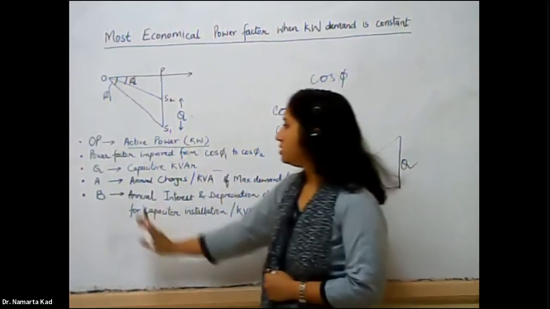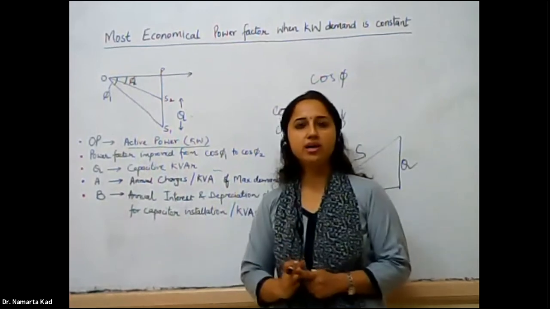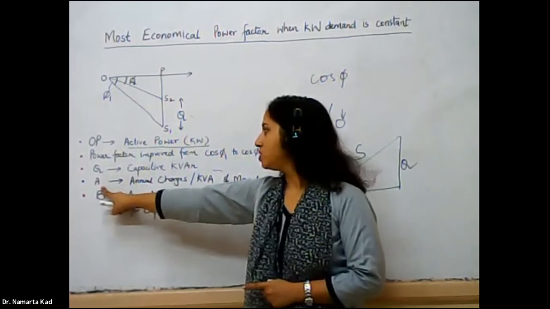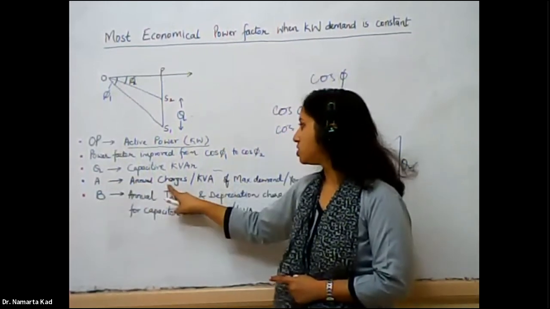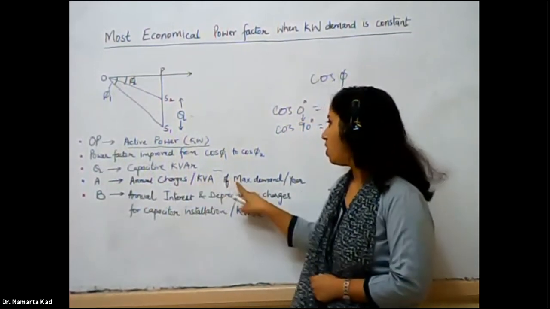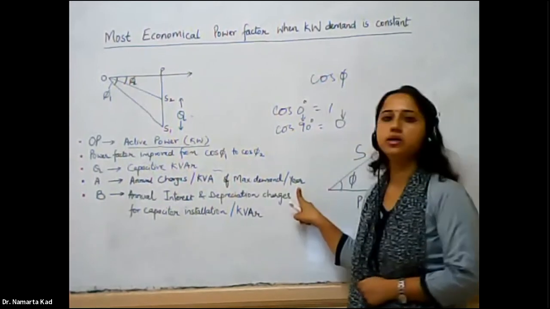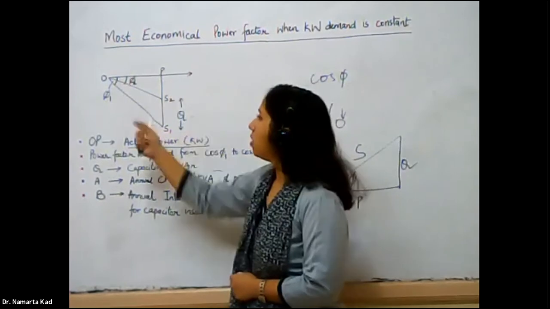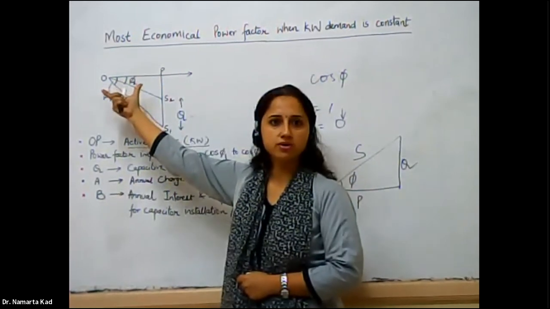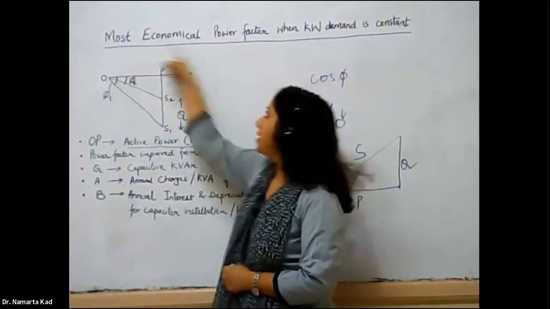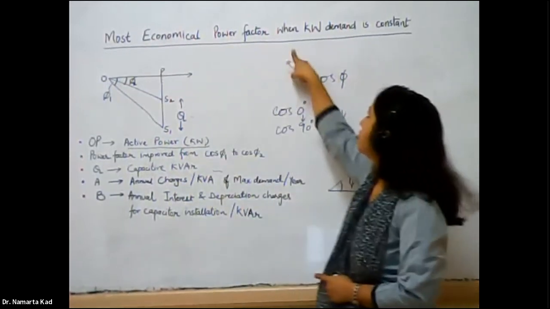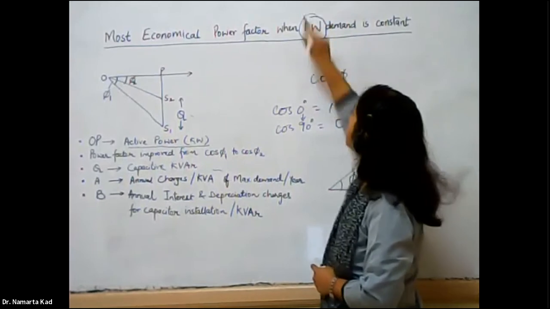Now there are some costs associated with this system. One is A. Let A be the annual charges per kVA of maximum demand per year. In this system, I am not going to change the active power, because as per the heading of my derivation, it is the most economical power factor when kW demand is constant.